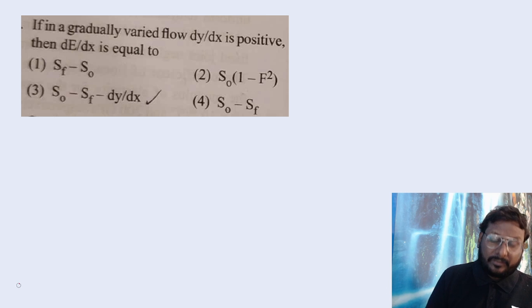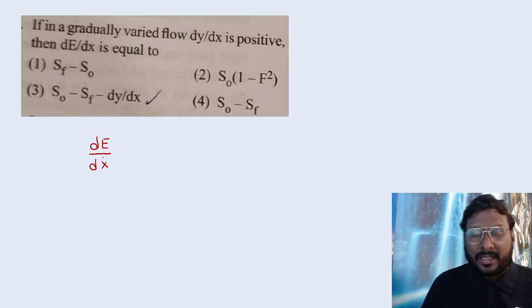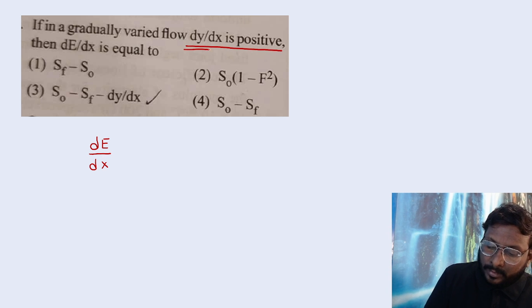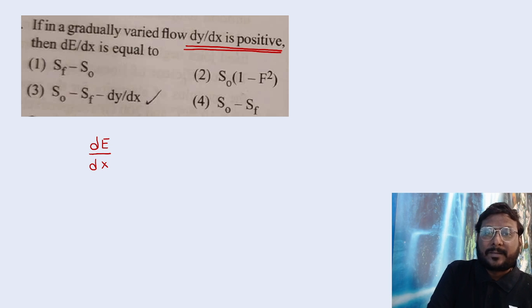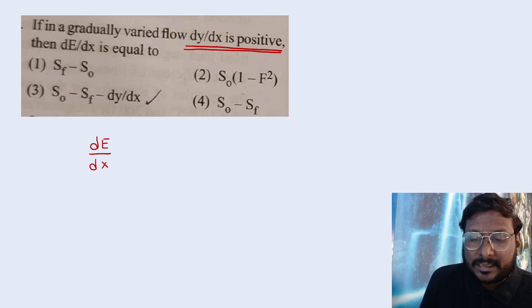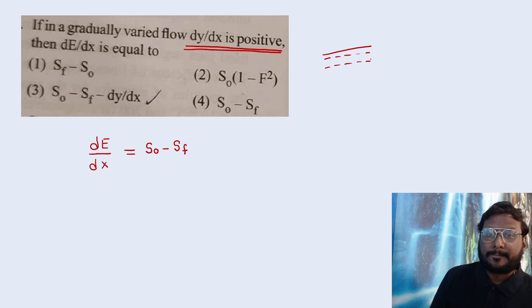In gradually varied flow, dy by dx is positive, and dE by dx. We studied the derivation for dE by dx very clearly. When dy by dx is positive, it means flow depth increases with forward distance. dE by dx is equal to S0 minus SF because flow depth increases, water depth rises.